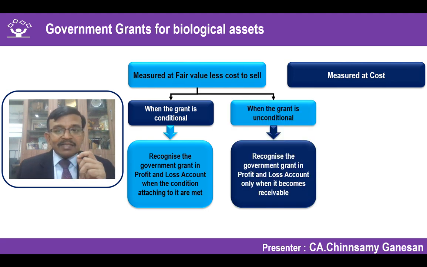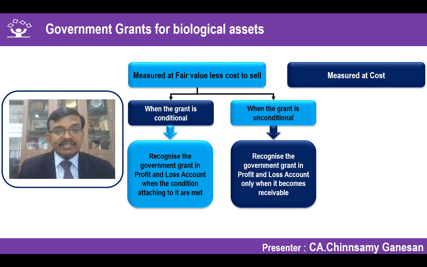When the grant is unconditional, if the entity believes that it's recoverable, it should be immediately recognized in the profit and loss account. There is no condition, so you only have to look at whether it's receivable or recoverable. In that case, you will recognize an asset and the related gain in the profit and loss account.